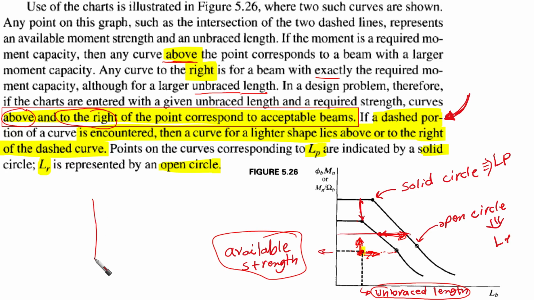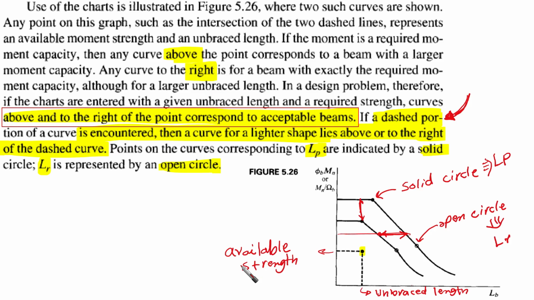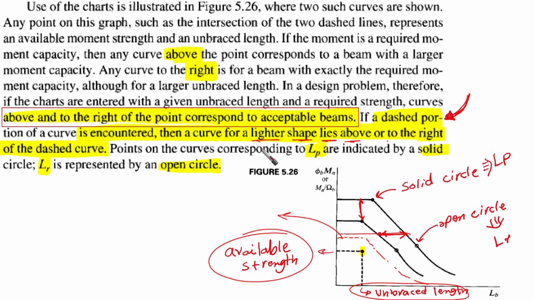This means that if you have some curve that is denoted like this, and you choose this curve as fulfilling whatever you are searching for, the dashed curve indicates that a lighter shape lies above or to the right of it.